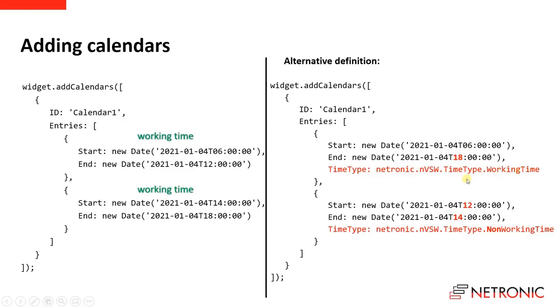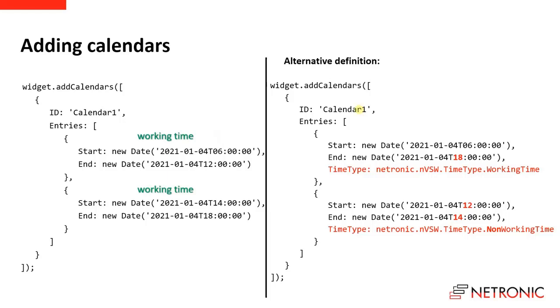And our second entry is now from 12 o'clock to 2 o'clock p.m. and this has the time type non-working time. Both definitions define the same calendar. And it depends on your specific situation whether it's better for you to use time types or not.